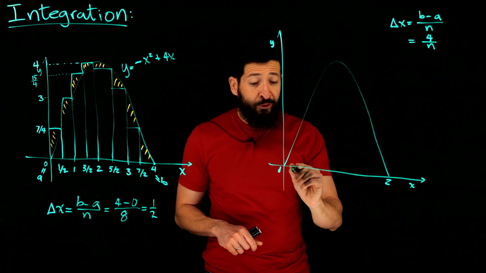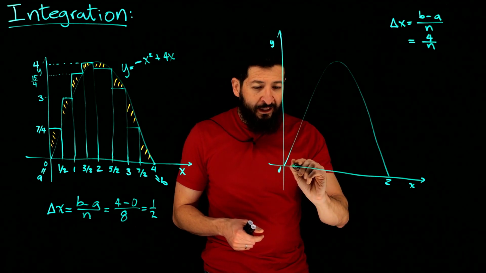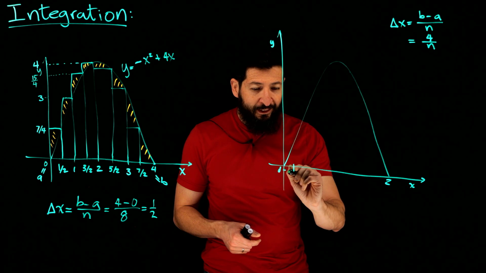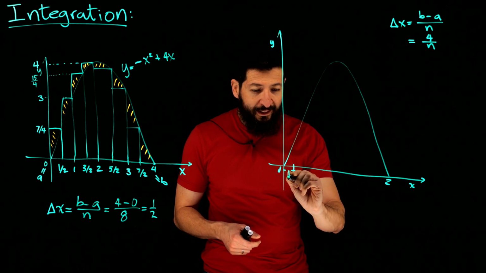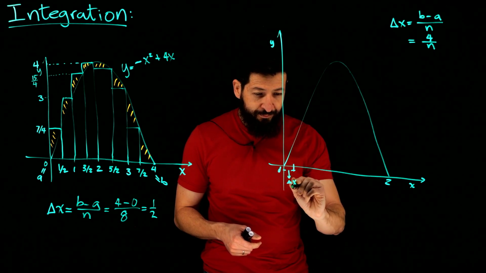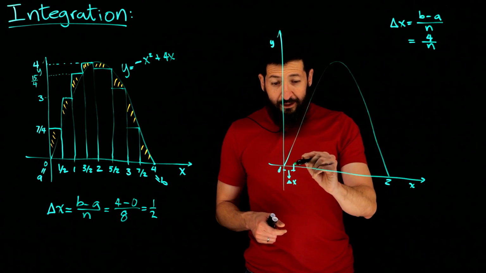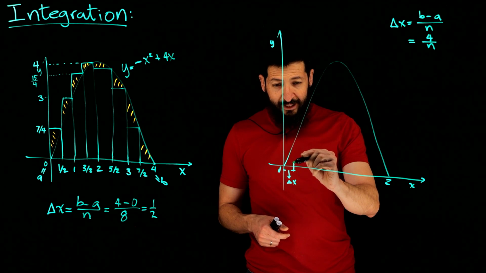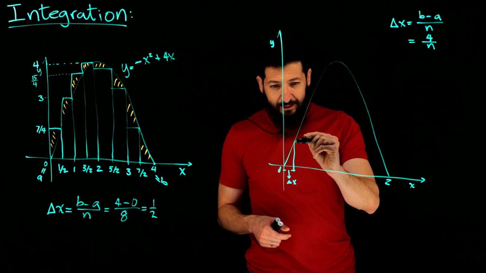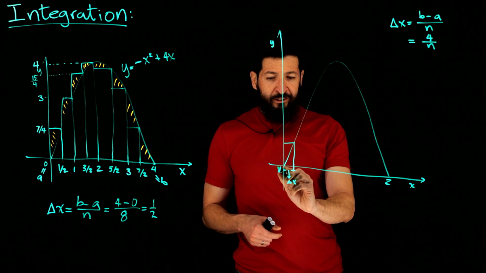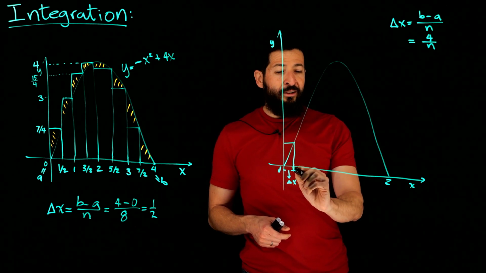Let's say I want to draw my first rectangle. Delta x is going to land somewhere here, so this width is always going to be delta x. Okay, so where do I pick my height? Well, I start at 0 and I move delta x to the side.